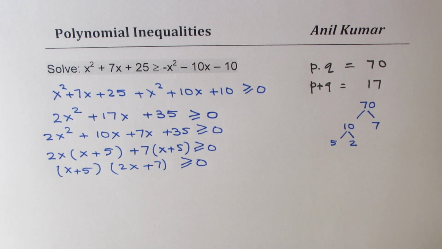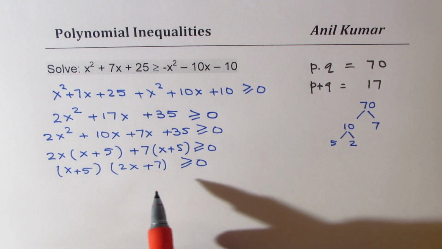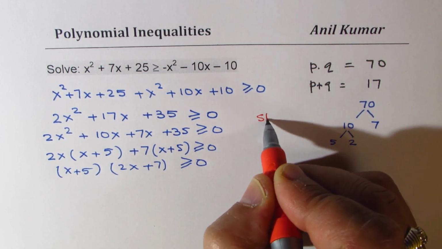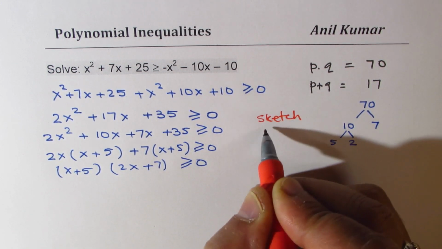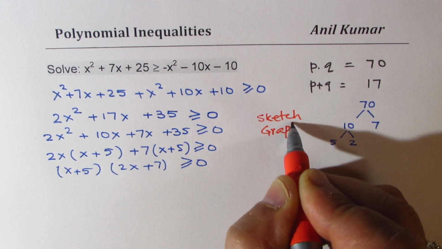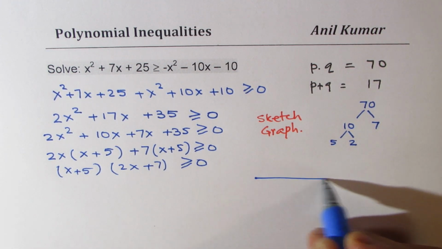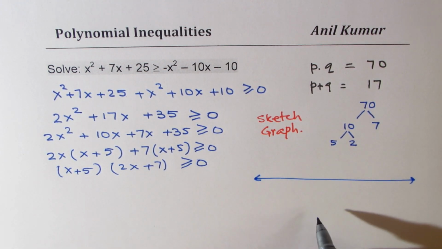But for this I will sketch a graph. At this stage we'll sketch a graph to find the solution. That is a much faster way. So let's see how. I'll just make a very rough sketch here. On a number line, let this be the x-axis.